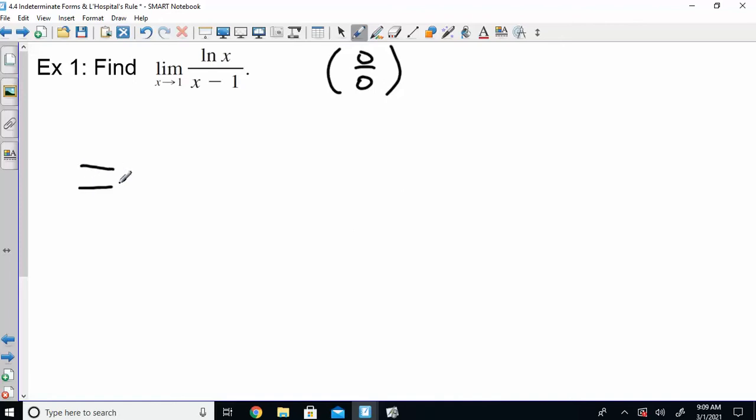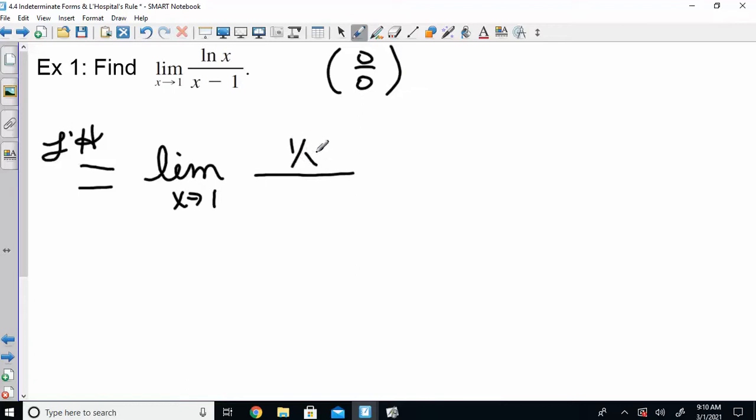What I want you to do when you do L'Hopital, I like you to just put an LH over the equal sign so I know what you have done to get to the next line. Then the limit part stays the same, but we are going to do the derivative of the top and the derivative of the bottom. What's the derivative of the natural log of x? 1 over x, good.